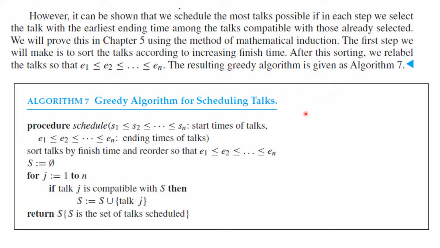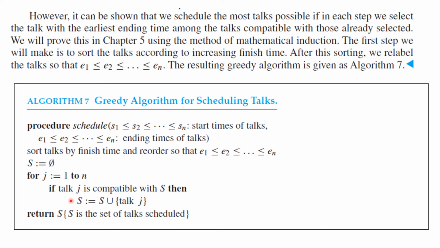And then the greedy algorithm is this one. Again, we haven't proved this yet, but here's the algorithm. Given the schedule, these are the starting times and these are the ending times. We sort the talks by finish time and renumber them if necessary, so this is true. Then we start with the schedule being the null set. Then we go through and start scheduling.